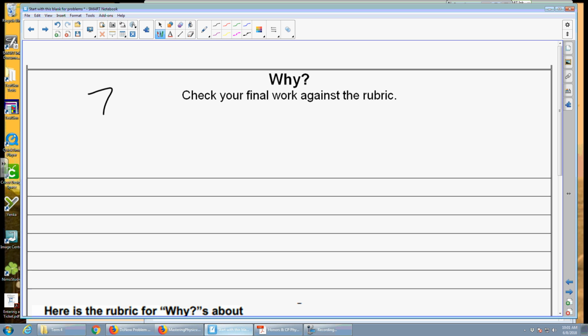Number 7. So we'd always start off with: speed of light is constant from all frames of reference.